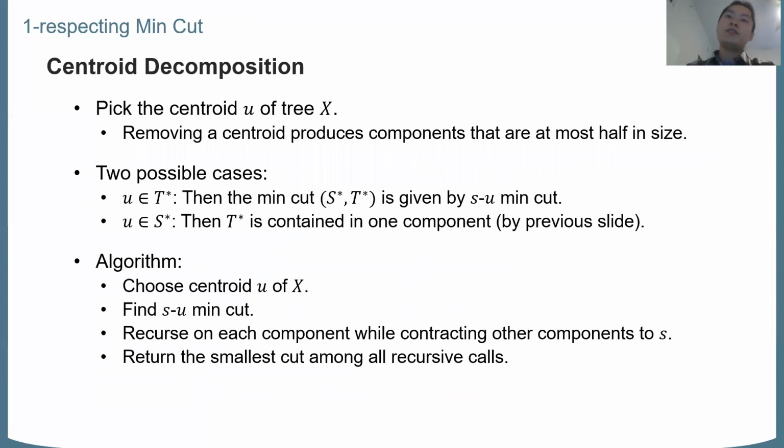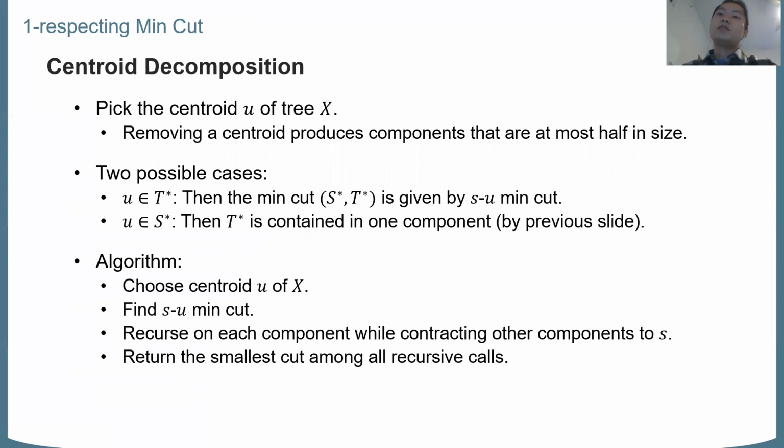So we can use this observation to design a divide and conquer algorithm. We'll pick the centroid of the tree, and recall that centroid means removing it will produce components with at most half the size. There are two possible cases.